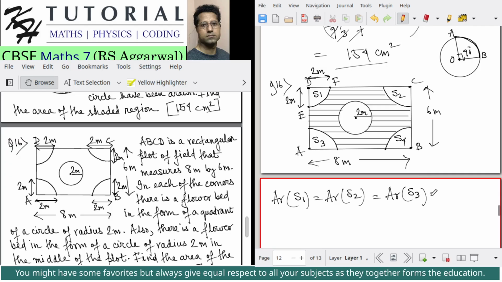The area of S3 is equal to the area of S4. This will be equal to 1/4 the area of a circle with 2 meter as radius, this much meter square.